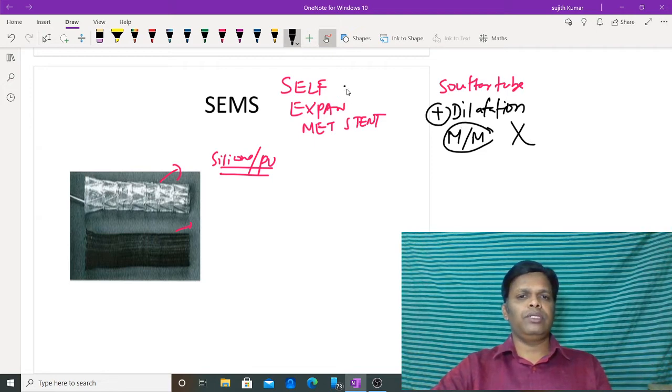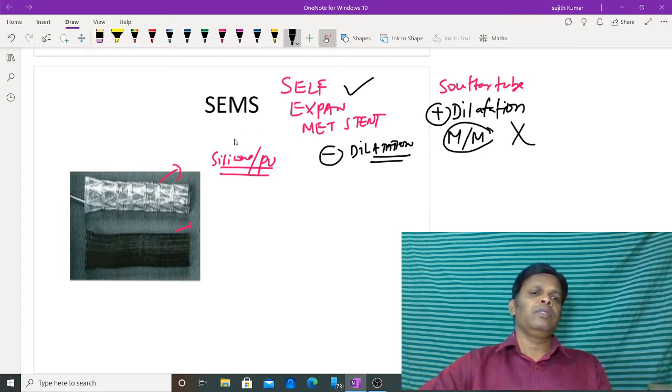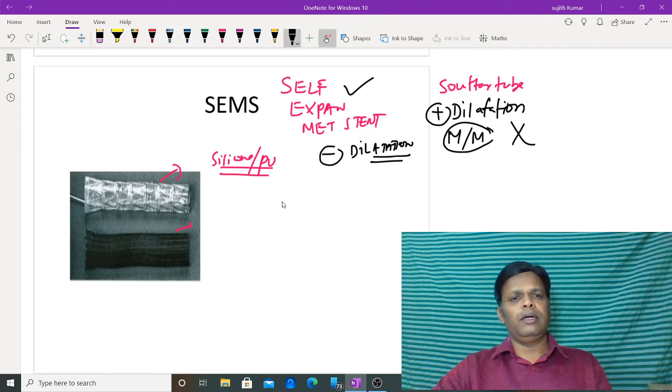Instead of that, we are using the self-expanding metallic stent. But here there is no need of dilatation of the esophagus, so you can keep the stent directly. The stent you can keep in a deflated state, that means in a compressed state, and insert it into the esophagus.